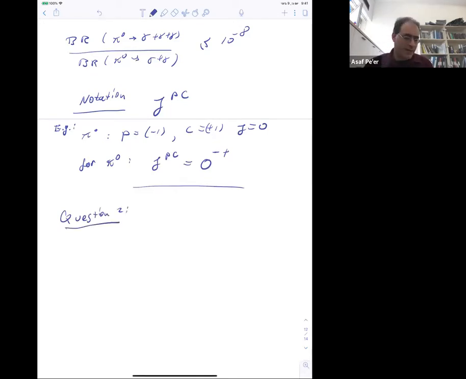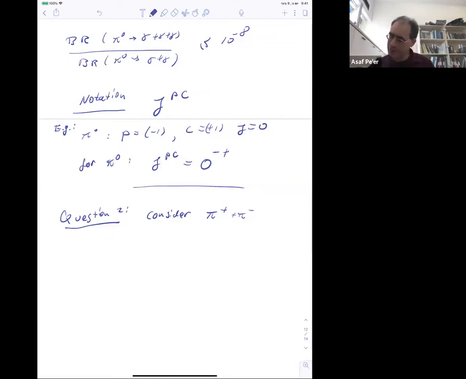So let's look at the state of pi plus and pi minus. A charged pion is not an eigenstate of C, but pi plus and pi minus are antiparticles. So the combined state has Q equal to 0, right?